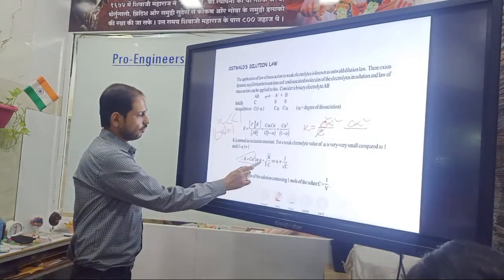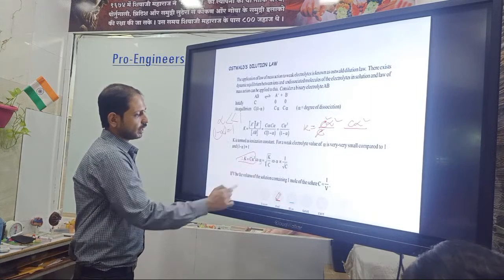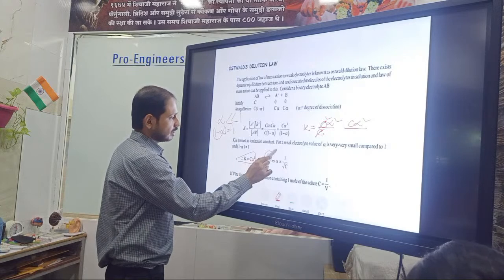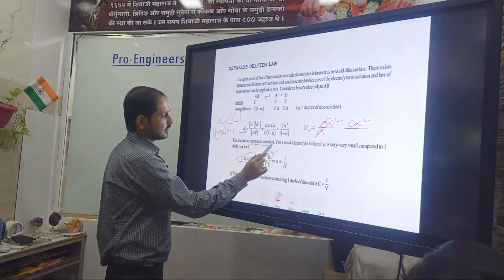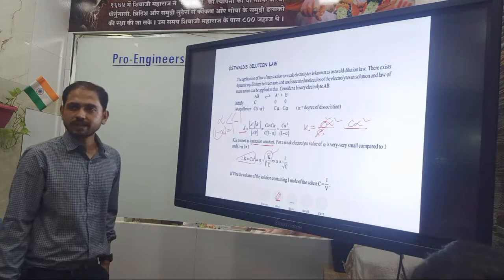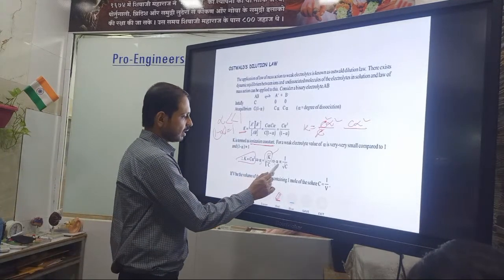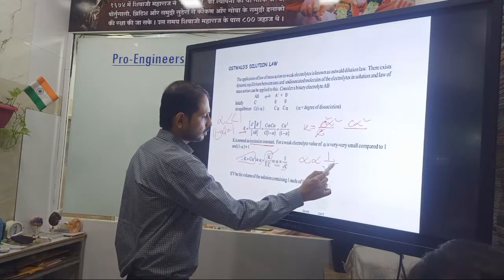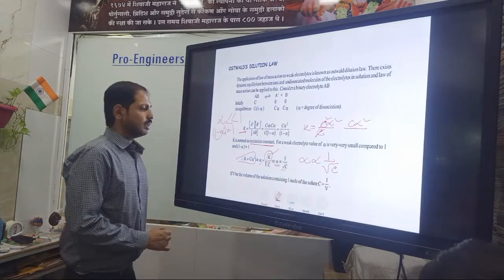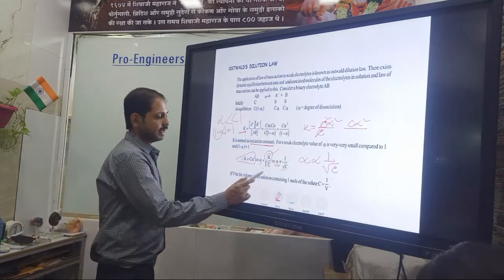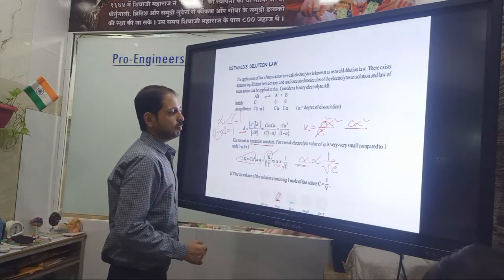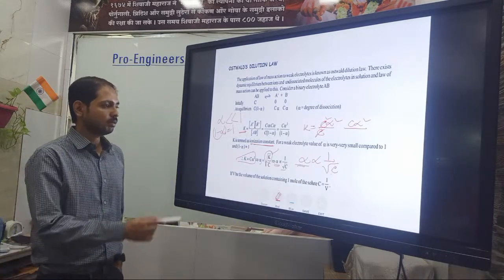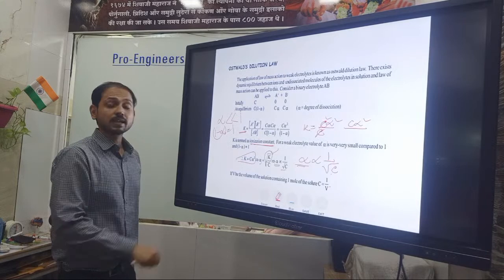So now alpha is equal to square root of K by C. K is the ionization constant, the equilibrium constant, a constant term. So alpha is proportional to 1 by square root of C. That means the degree of dissociation is inversely proportional to the square root of concentration.